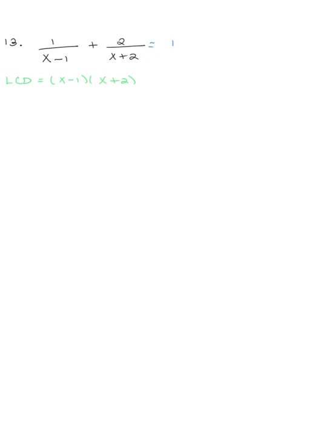That is, I leave 1 over x alone, but I multiply it by x plus 2 over x plus 2. In my second fraction, which is 2 over x plus 2, I multiply that by x minus 1 over x minus 1. This means I now have a least common denominator for these two fractions, x minus 1 times x plus 2.